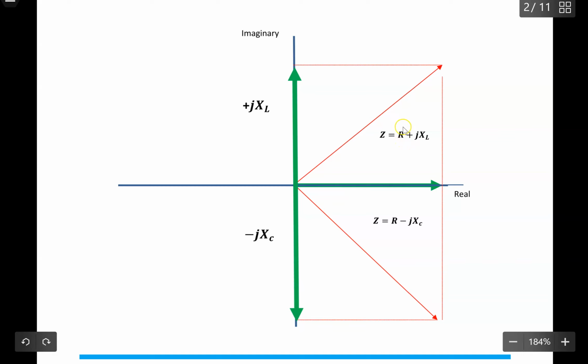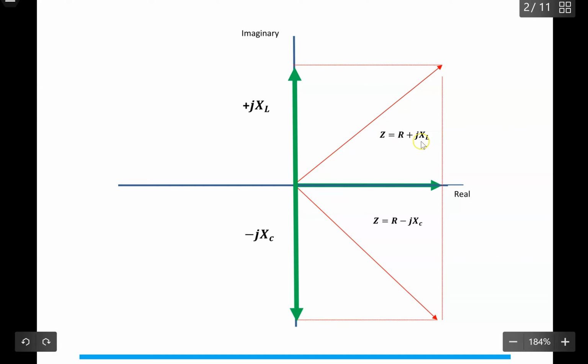R is always the real part, which is your resistor, but the inductive reactance will attach to the positive part of J.